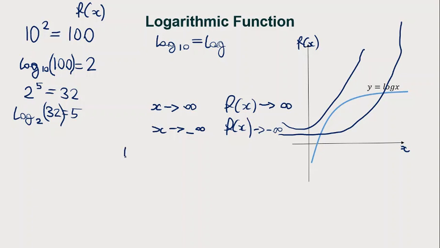So what we say about the logarithmic function is that the limit as x goes to infinity of the log x function is equal to infinity, and the limit as x goes to negative infinity of logarithm of x is equal to negative infinity there. So it keeps growing and growing into the negative.